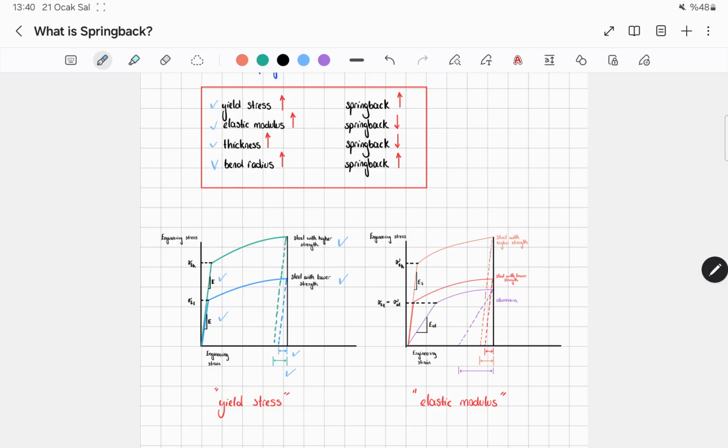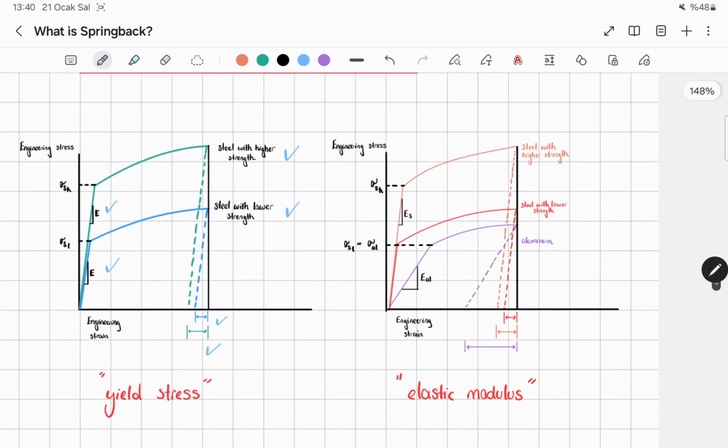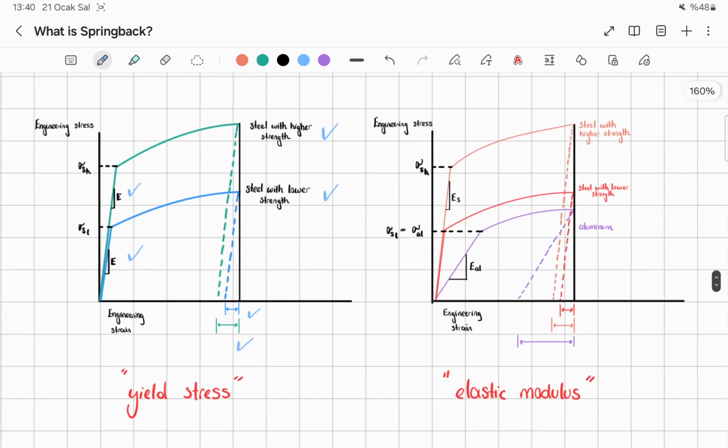And let's check the elastic modulus, again with the engineering stress and engineering strain graph. Let's check steel with lower strength and aluminum. Both have the same yield strength, so yield stress won't affect the results, because we need to look at the elastic modulus.